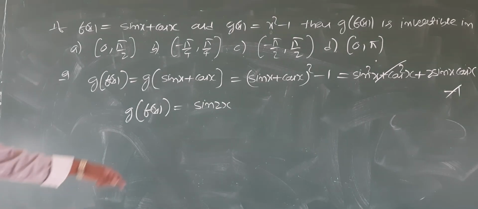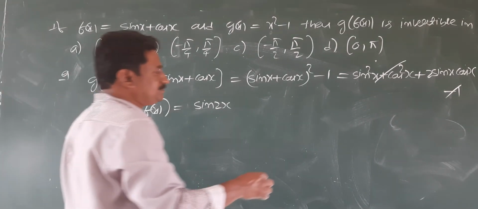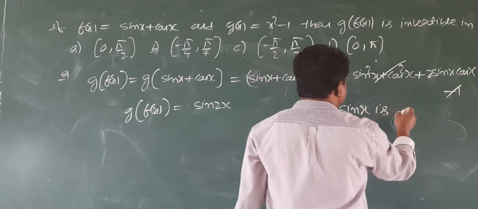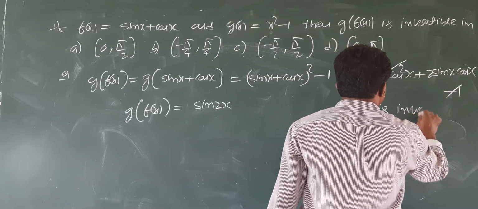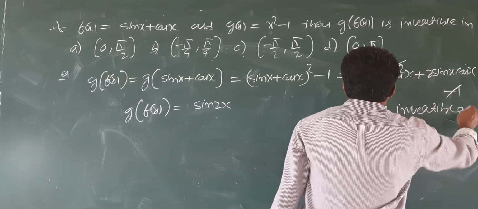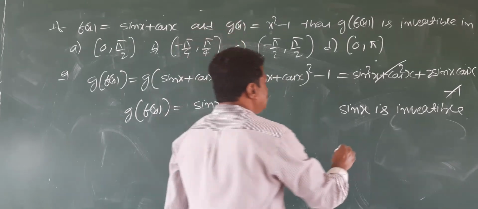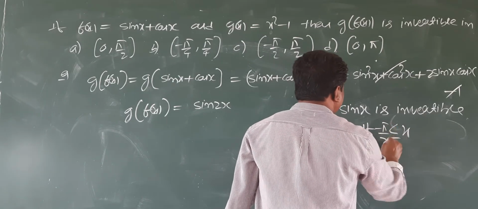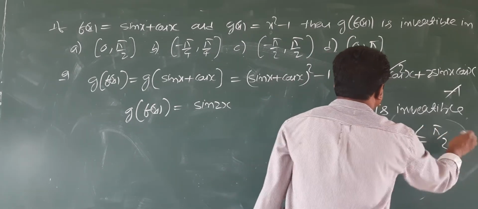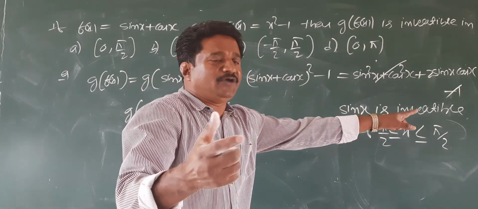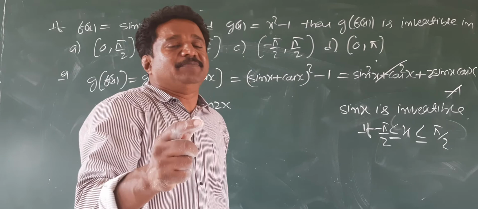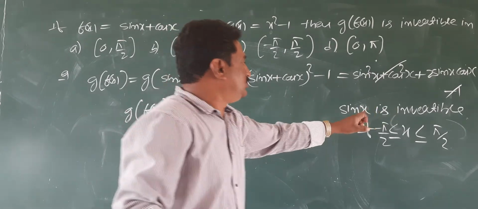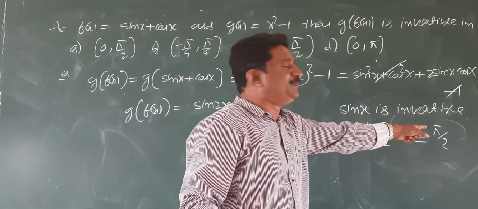Now sin x is invertible if x lies between minus 90 to plus 90. For sin x to become invertible, it should become both one-one and onto, which happens if its domain is from minus 90 to plus 90.